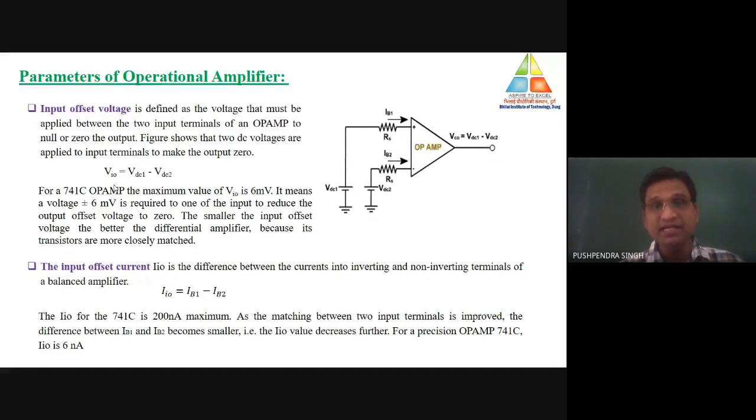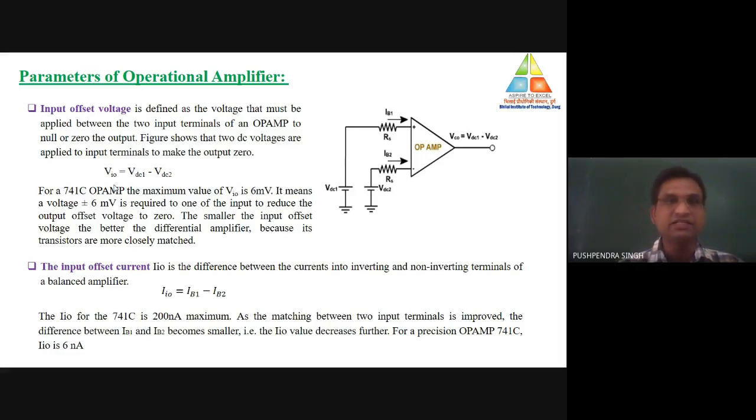In ideal condition, what should be the value of this input offset voltage? It should be 0. Why? Because whatever circuit we are designing should be error free. If without any signal it is generating something, that simply means there is some error in the circuit.